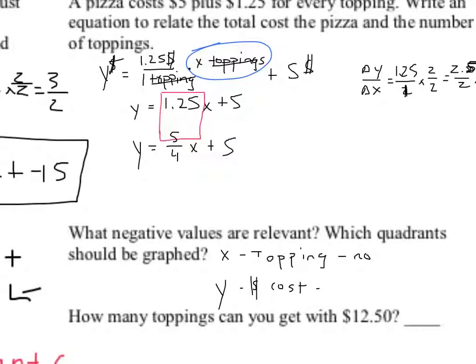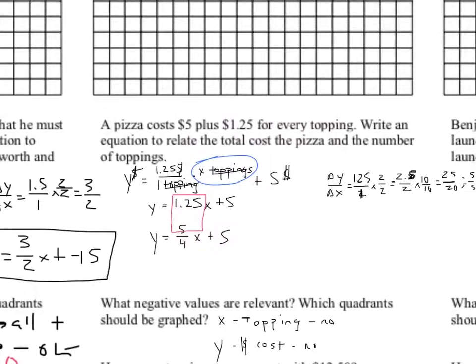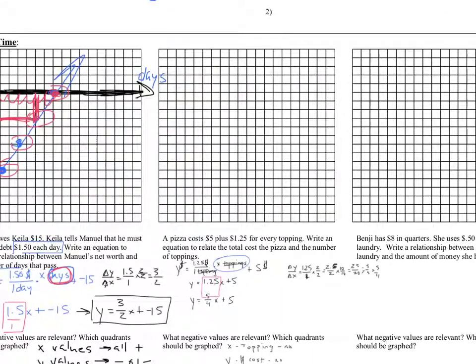Negative values can be relevant in money, but in the case where you are buying something from a store, that is never going to be relevant because you're never going to pay negative dollars for something. So in this particular case, the answer is no. So when I set up my axes, I'm going to set them up so I am only in the first quadrant. I don't need the other quadrants here.